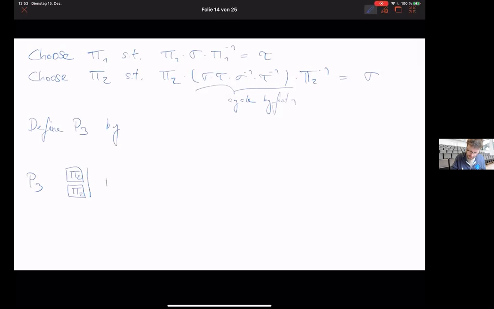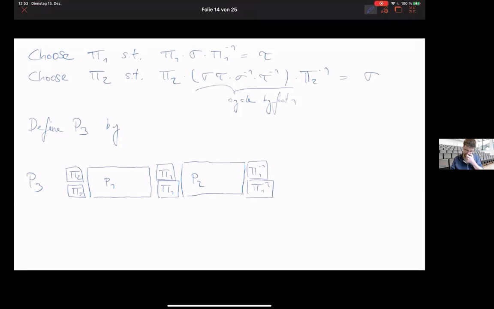Then I'm computing P1. Instead of P2, I am computing this pi 1 times P2, and then pi 1 inverse.